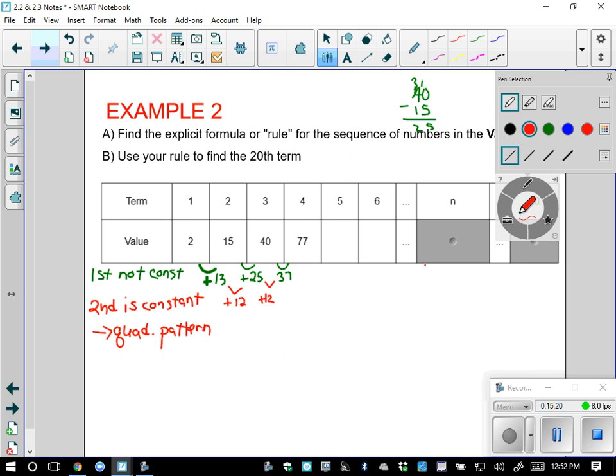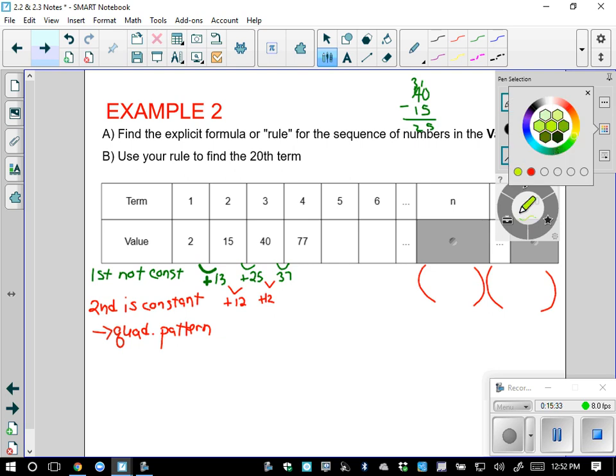So that means over here we have a linear times a linear. Once I figure that information out, I don't need these numbers anymore. So I'm just going to cross out the numbers. I've used them, that's all I need.